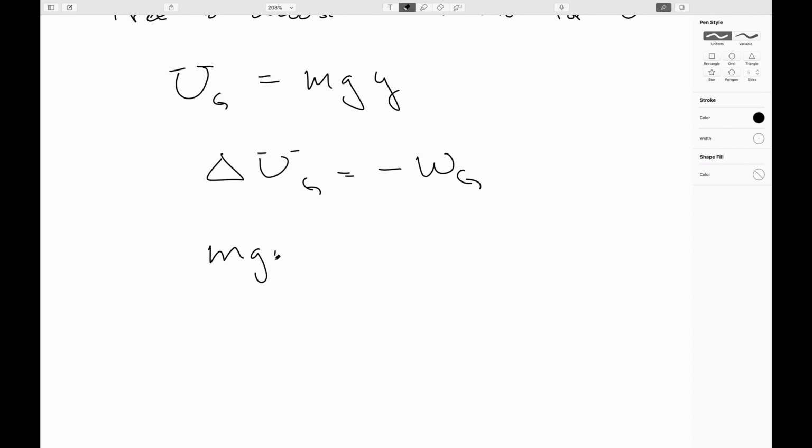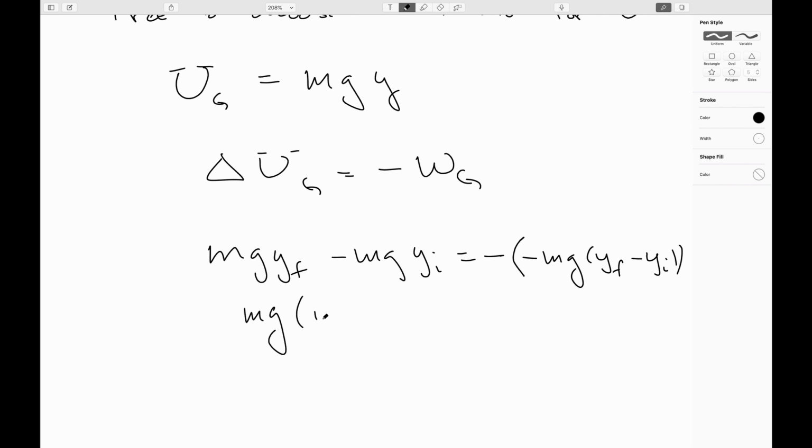With this choice of potential energy that I made, the change will be mg y final minus mg y initial. This will be equal to the negative of, well, we found the work done by gravity was minus mg times (y final minus y initial). Hey, the minus signs are going to cancel out. And so sure enough, I'm going to get here mg times (y final minus y initial).